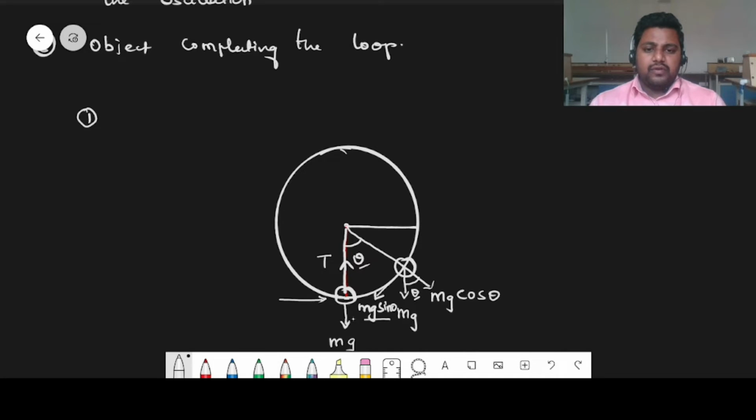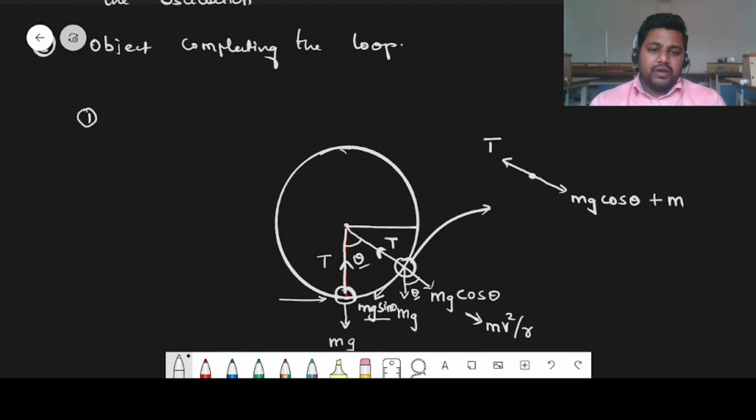Now tension is in the upward direction towards the point of suspension. If you are analyzing the forces acting here, tension is acting in this direction, mg cos theta in this direction. But whenever an object is performing circular motion, it will experience a centrifugal force or centripetal force, which can be written as mv square divided by r.